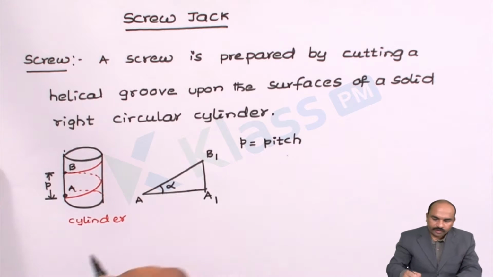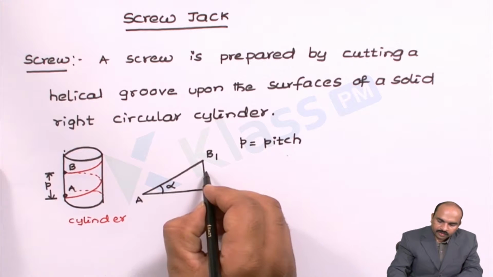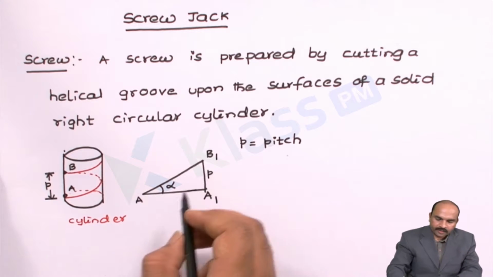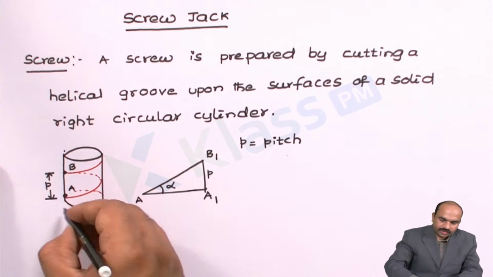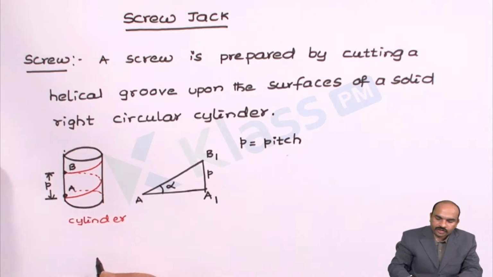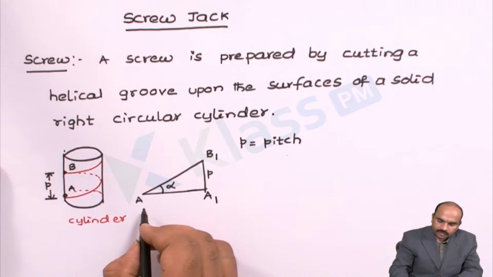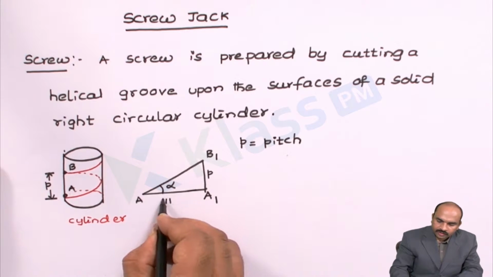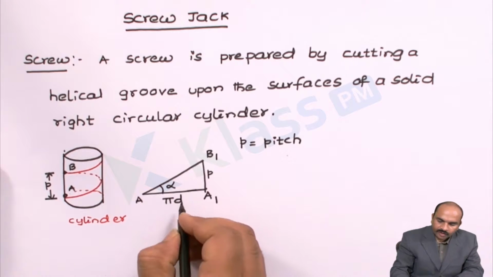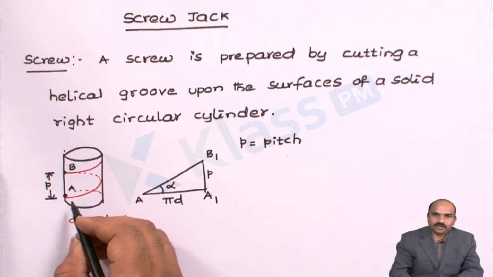The distance between A and B is small p, the pitch, and the circumference of the cylinder, from A to another point A1, will be equal to pi d, the circumference of the circular cross section.